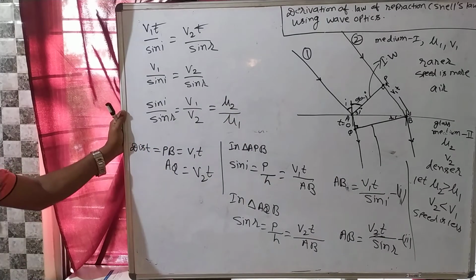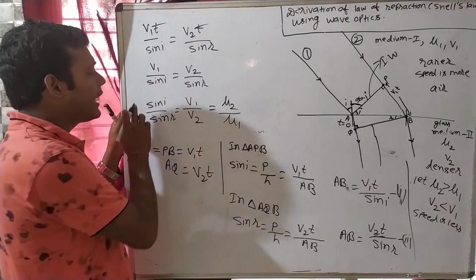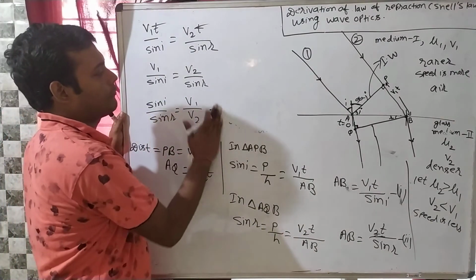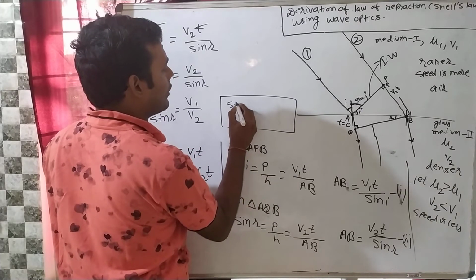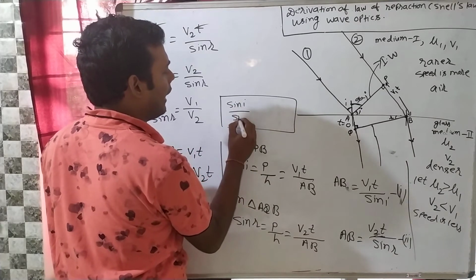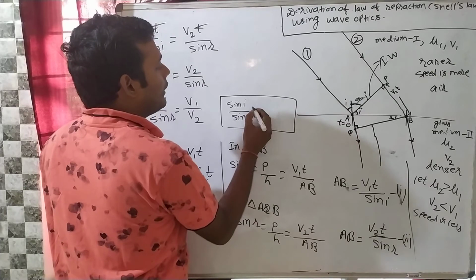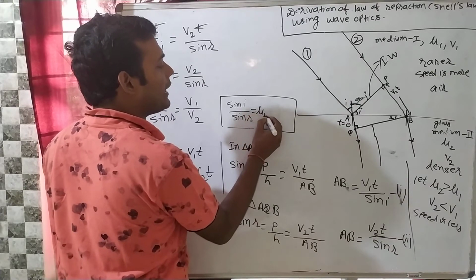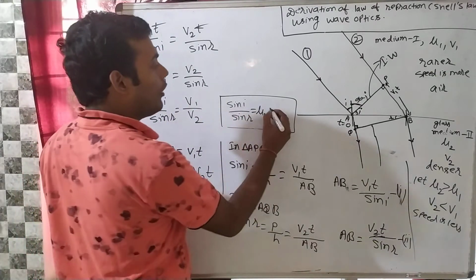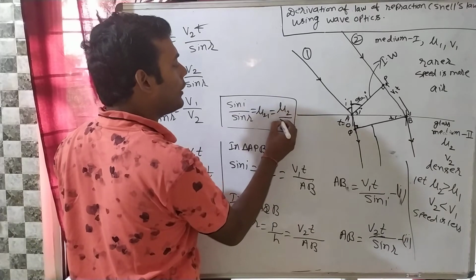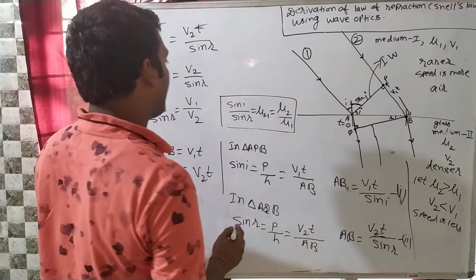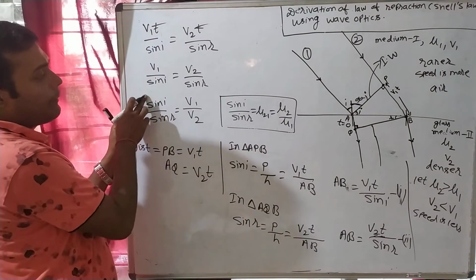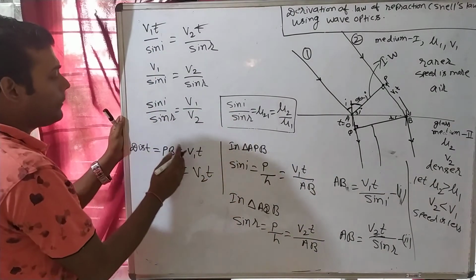Right? We know that sin I by sin R is what? We know from Snell's law that sin I by sin R is equal to the refractive index of the second medium with respect to the first medium, or we can write mu2 by mu1. So in the place of sin I by sin R, we can write mu2 by mu1 also.